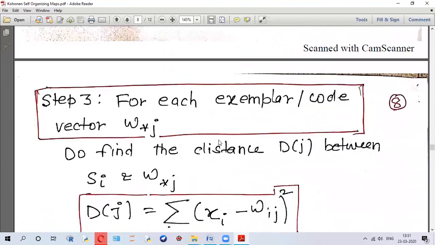Now, step 3. For each exemplar or code vector, let's suppose W*J, we need to find the distance between the input vector, over here it is Si, and the corresponding weight code vector. The concept is that for whatever input pattern, we would find the minimum distance between the input vector and the weight vector, right?